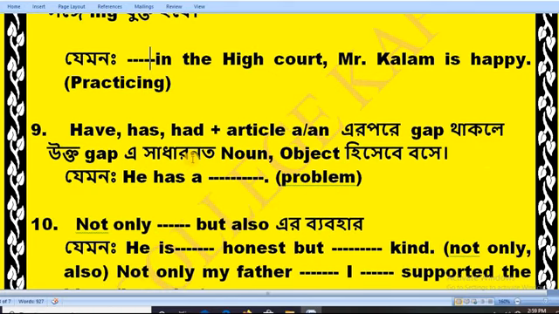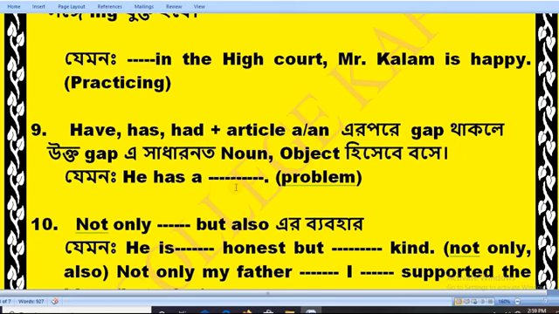Now, rule 9. If you see before the gap there is have, has, had, and after have, has, had, if you see an indefinite article, a or an, after a or an, you have to write a noun here. He has a toy, he has a book, he has a laptop, he has a pencil.